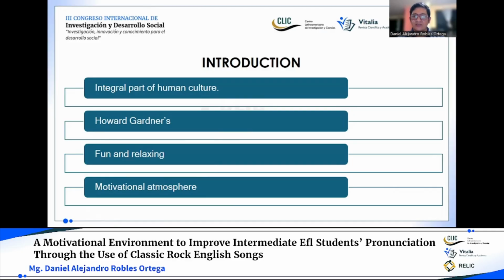Howard Gardner's educational theory of multiple intelligences establishes that people having musical intelligence usually tend to use songs to memorize information. According to Lay in 2002, music provides students a fun and relaxing way to acquire, process, and produce English. Therefore, music may generate a motivational atmosphere in the EFL classroom.